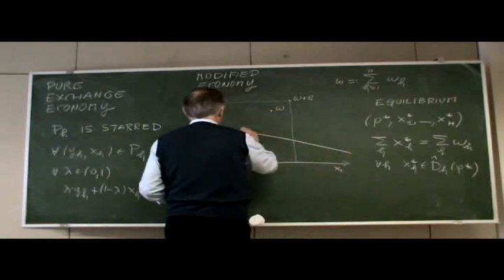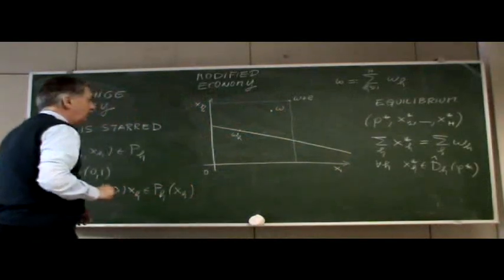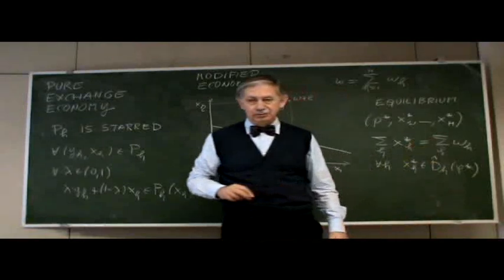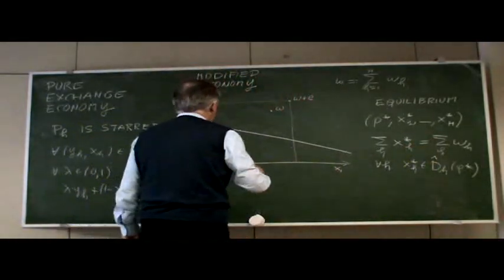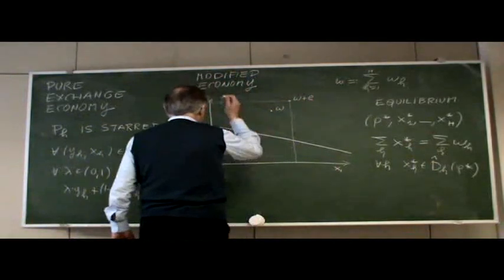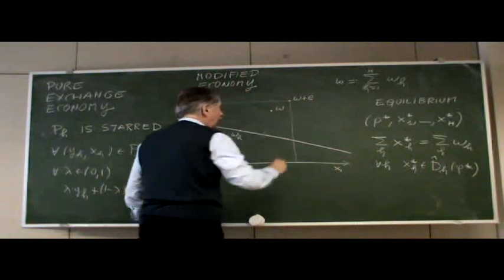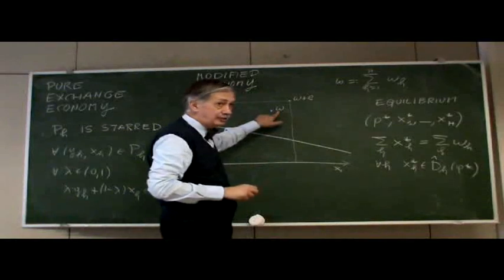This is omega H. Consider the optimal solution for our consumer, X star H. Note that X star H has all the components less or equal than the total initial endowment.